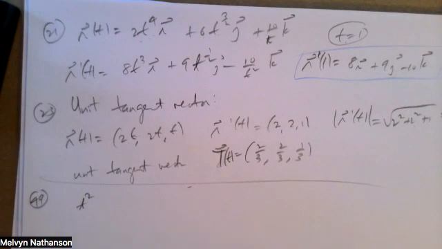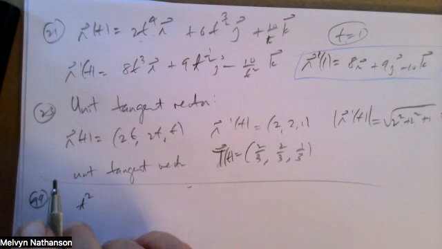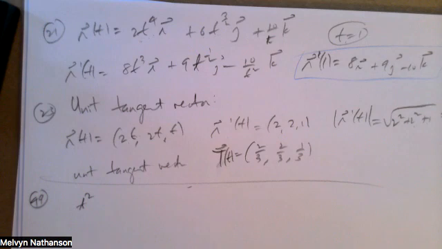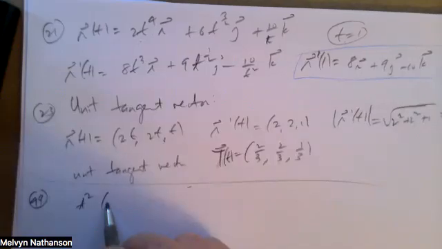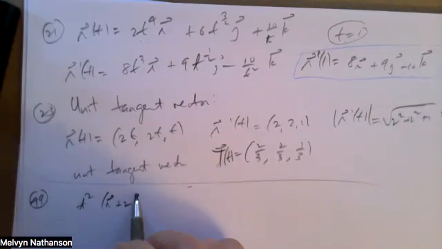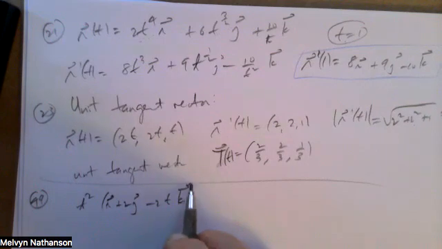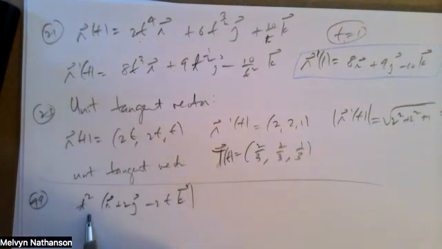We have t squared times the vector. Looks like there's a typo here. I assume this should be i plus 2j minus 2tk. So it's this vector times the scalar.